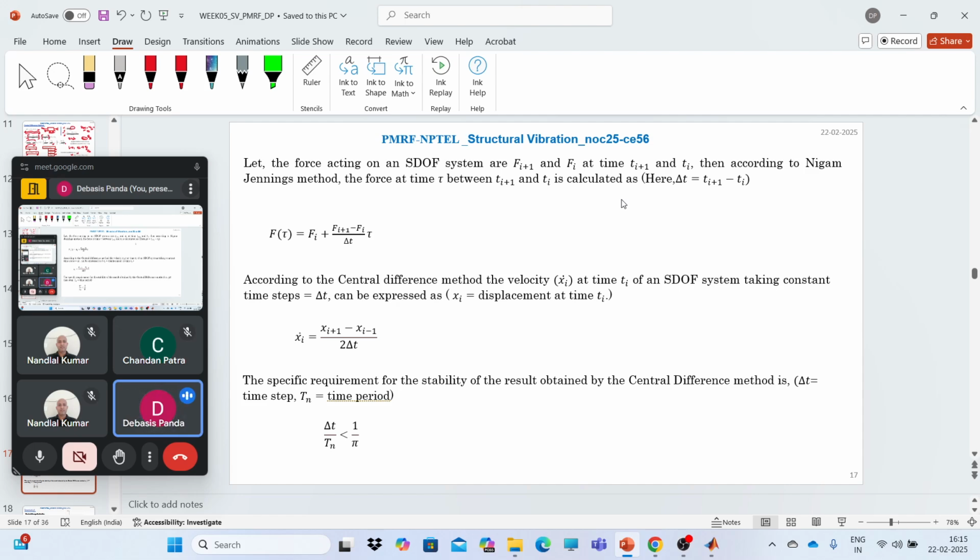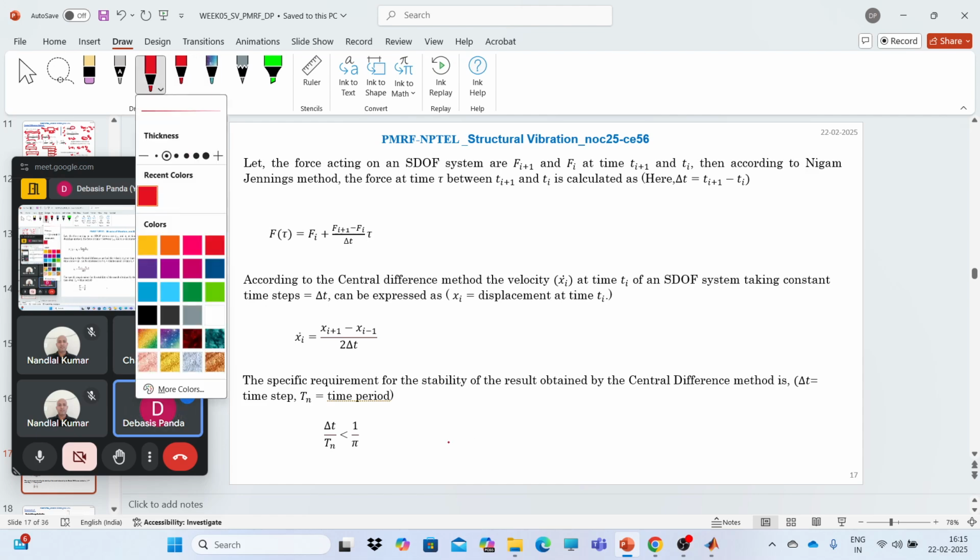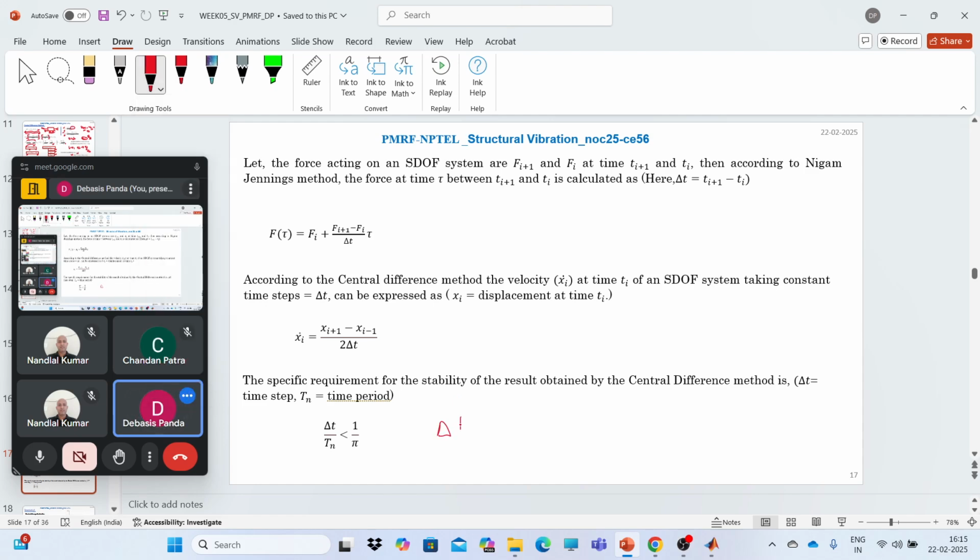So obviously the stability criteria is nothing but del T by Tn, where Tn is nothing but the time period of the specific structure, should be less than or equal to 1 by pi. That means del T typically should be less than 0.1 Tn.